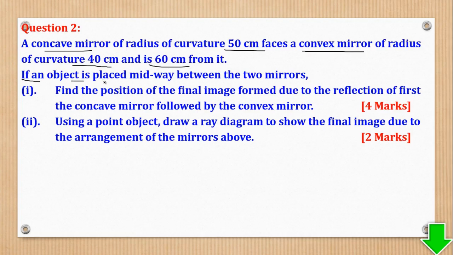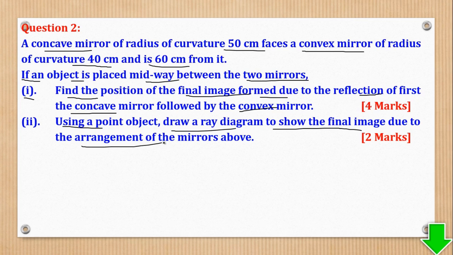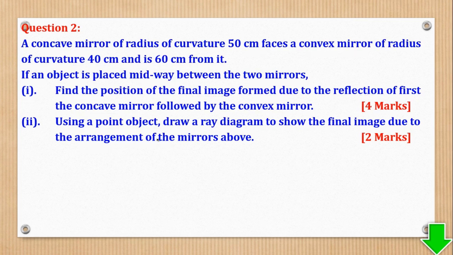If an object is placed midway between the two mirrors, one, find the position of the final image formed due to reflection first at the concave mirror followed by the convex mirror. Then two, using a point object, draw a ray diagram to show the final image due to the arrangement of the mirrors above.